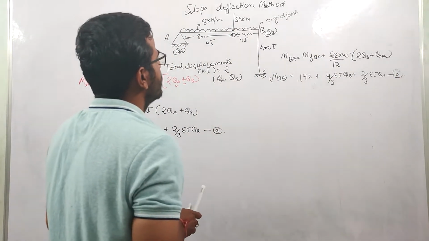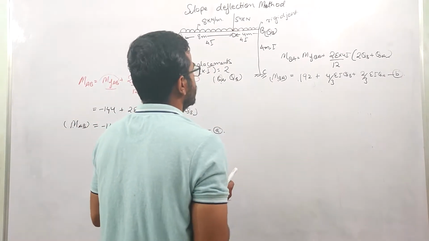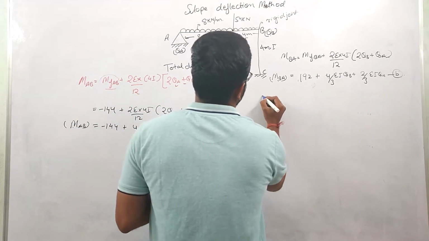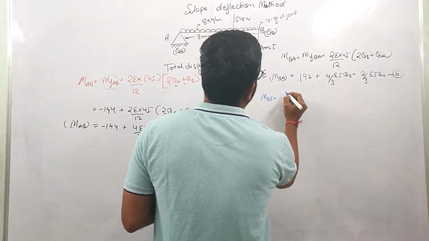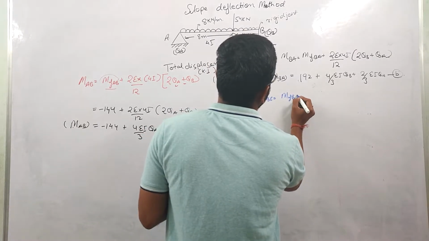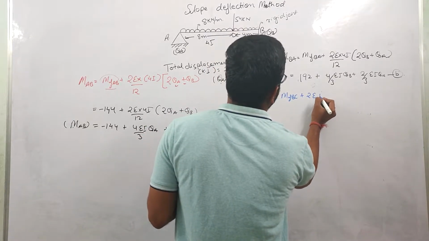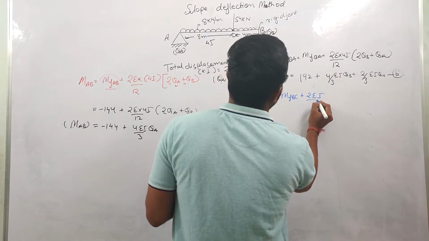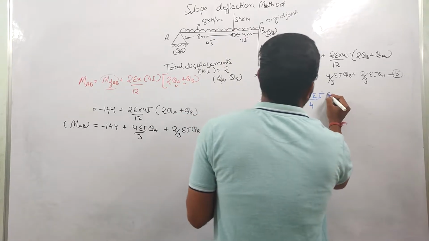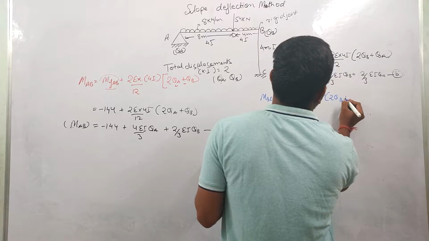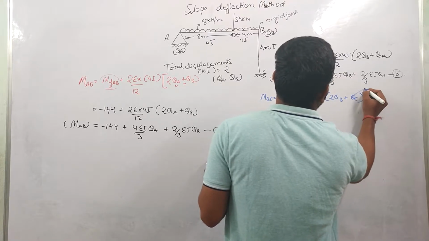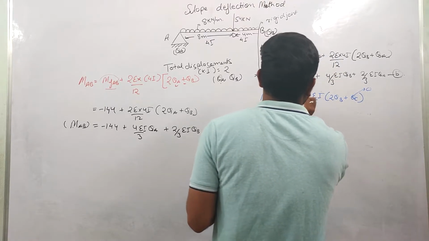Now come to this BC point. For this BC portion, MBC will be equal to MFBC plus 2EI, I is I only, length is 4, twice theta B plus theta C. Theta C is 0, MFBC is 0.